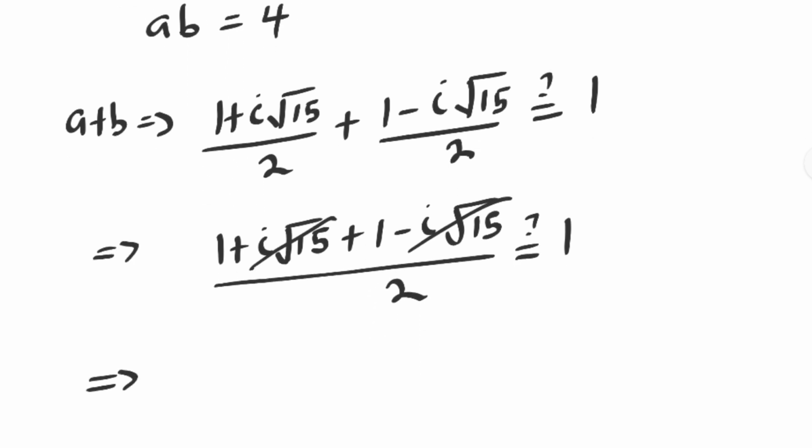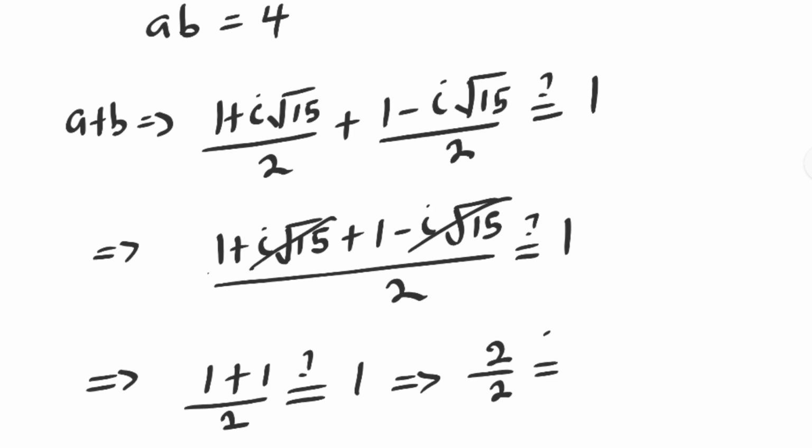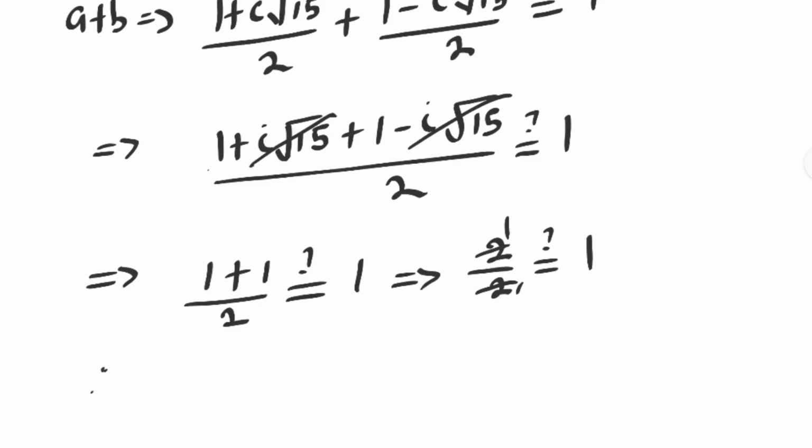We have 1 plus 1 over 2 must be equal to 1, and 1 plus 1 is 2 over 2 must be equal to 1. 2 here 1, 2 here 1. Therefore, the left hand side 1 is equal to the right hand side 1, which is true.